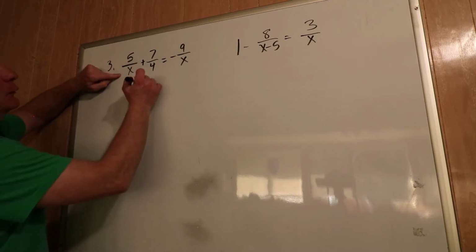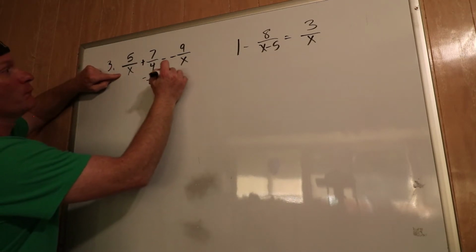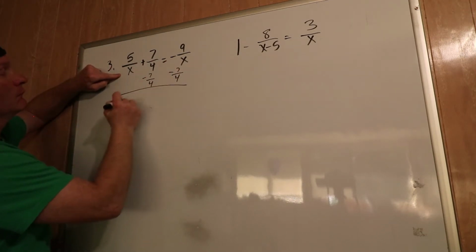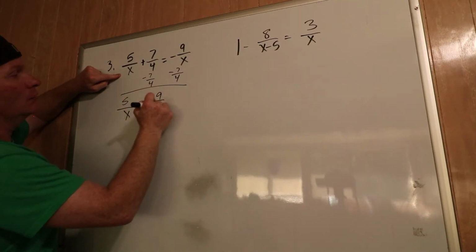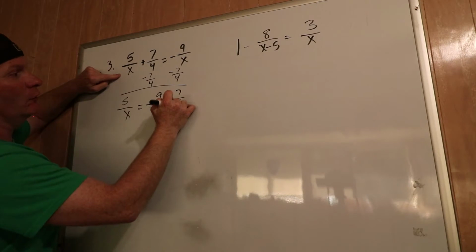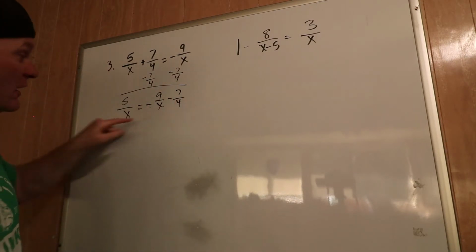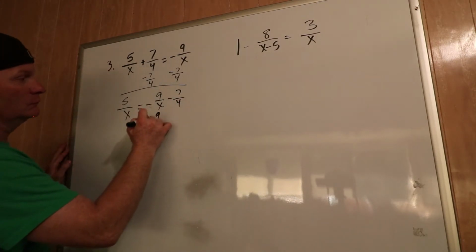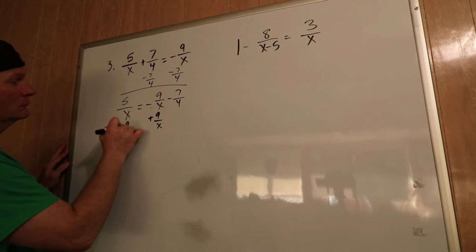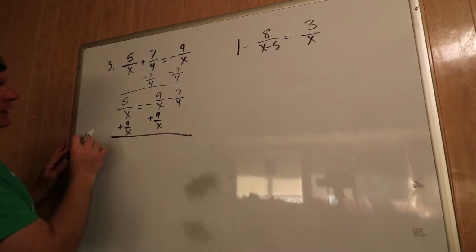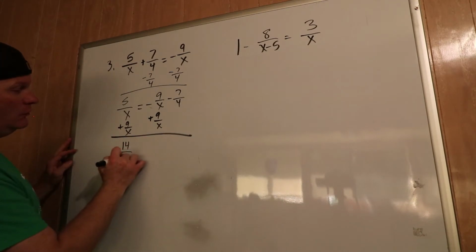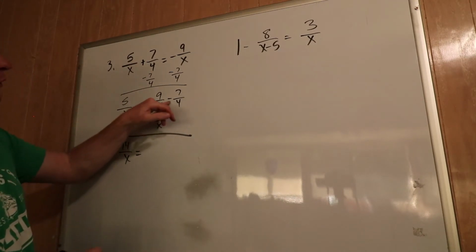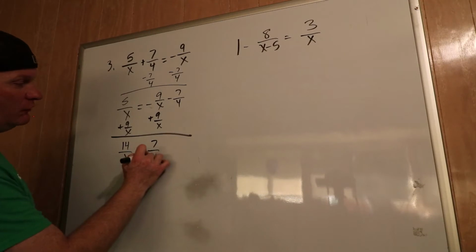So I'm going to get rid of this minus 7/4. Let's see, negative 9 over x minus 7 over 4. And then I'm going to move this to the other side. So I got, let's see, 5 plus 9 is 14 over x equals negative 7/4.